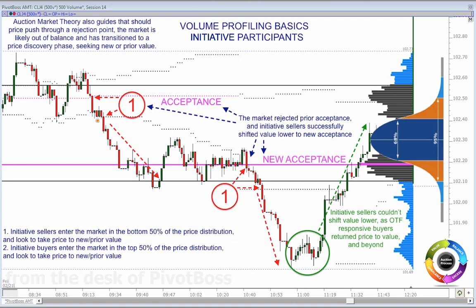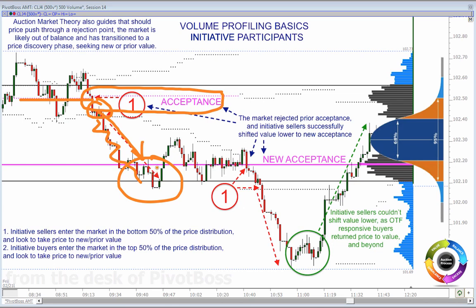If the price is going to move and look for new value, then the prior area of acceptance has been rejected. That's what's happening. Where there was acceptance before, the market is now rejecting that acceptance, which means the market is going to look to create new acceptance.